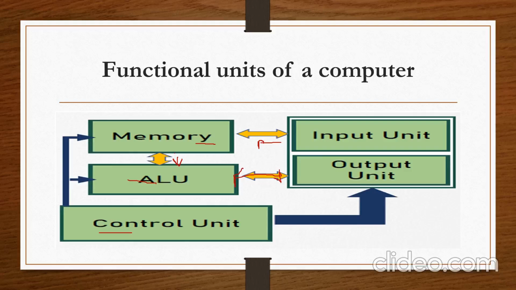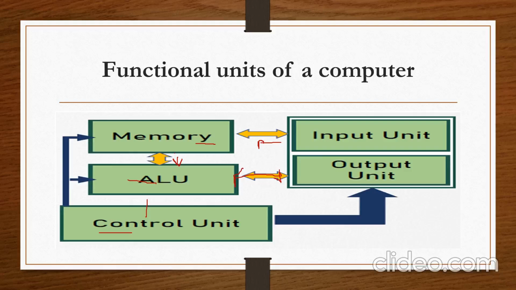So we have the control unit. The control unit does the purpose of supervision. It acts like a supervisor, meaning that it oversees all the things that are done and are done properly. The control unit determines the sequence in which computer programs and instructions are executed.